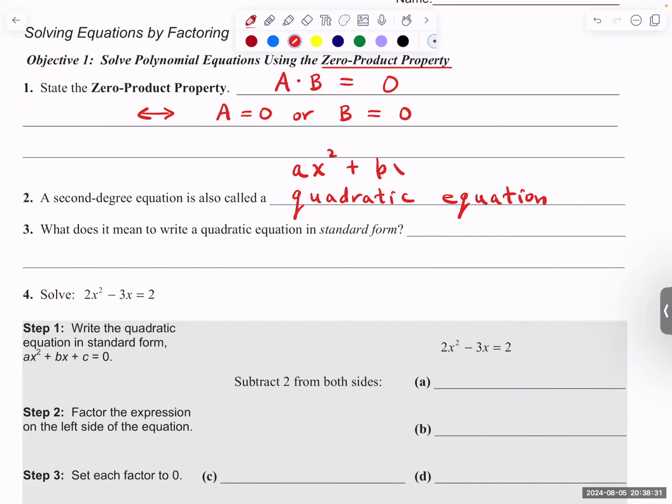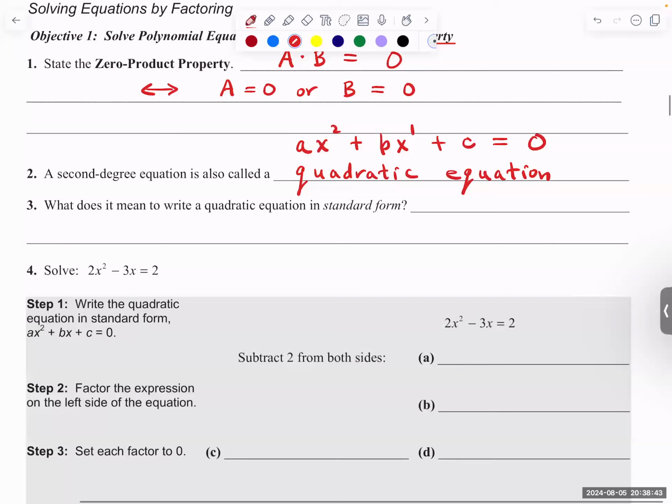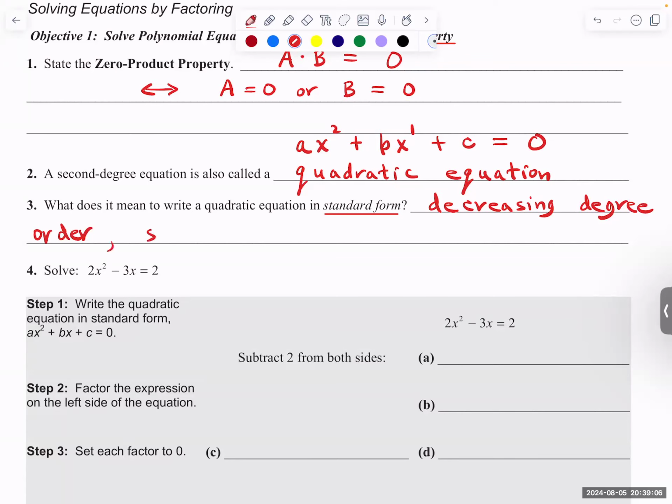Then is the linear term or first degree term, coefficient of b. And then there's a constant c, which is a real number, and set equal to 0. This equation is in standard form, as it says in number 3, which means we have exponents that are in decreasing degree order, and set equal to 0.